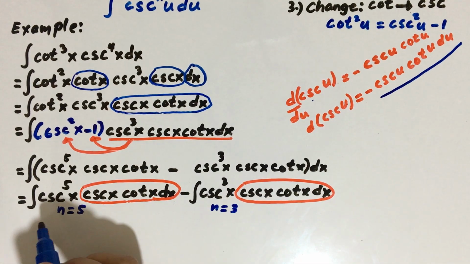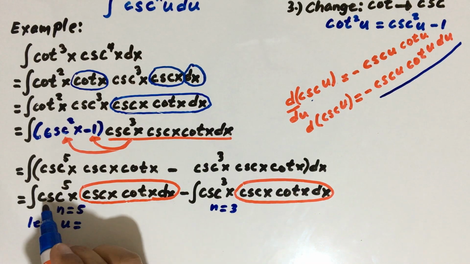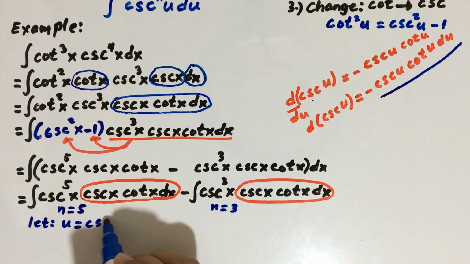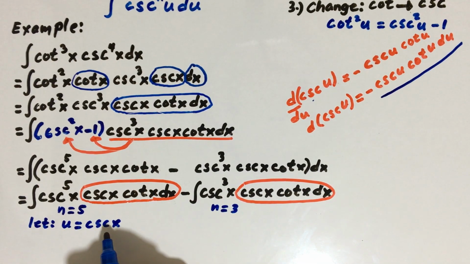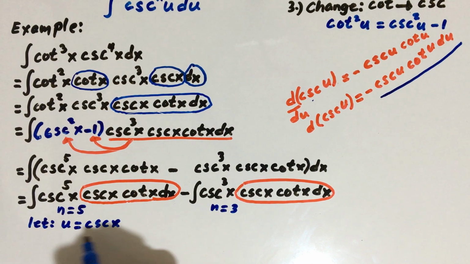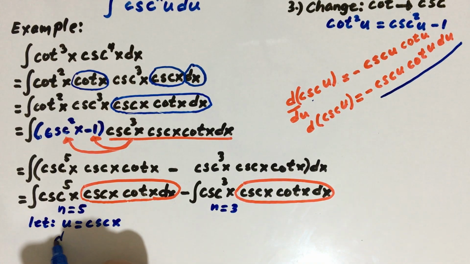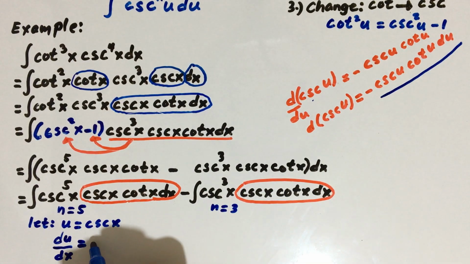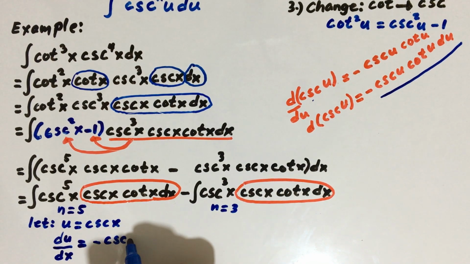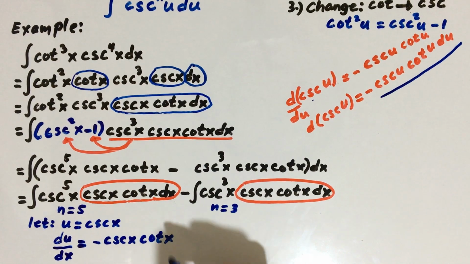Now if we let u be equal to cosecant x, then when you differentiate u with respect to x, using this formula, the derivative of u with respect to x is equal to minus cosecant x times cotangent x, right?